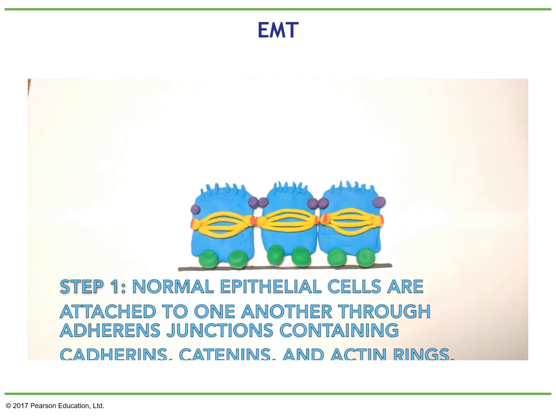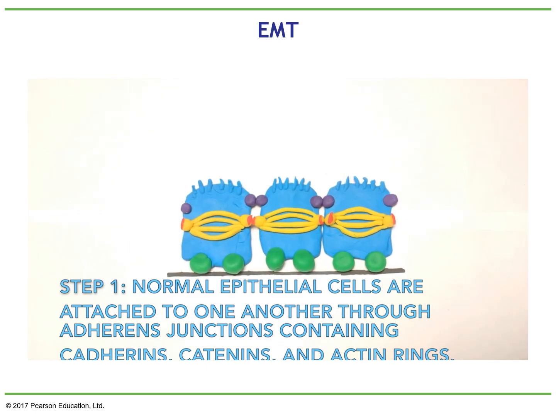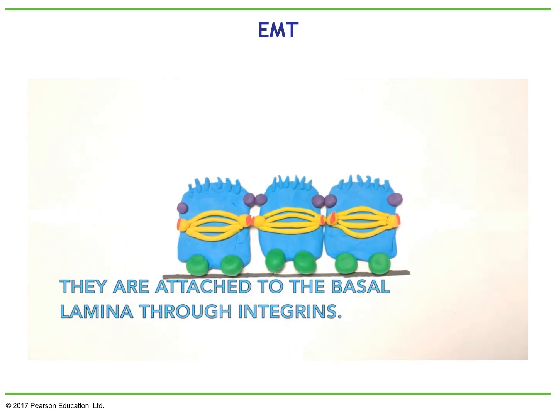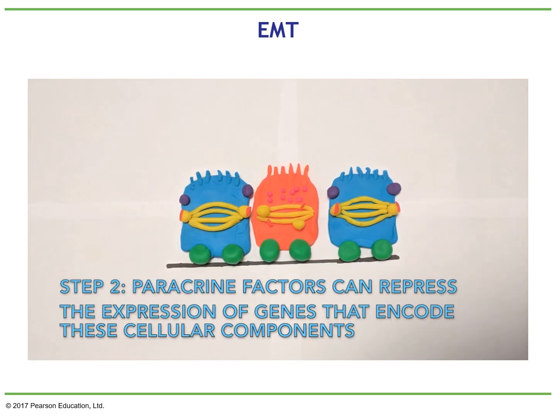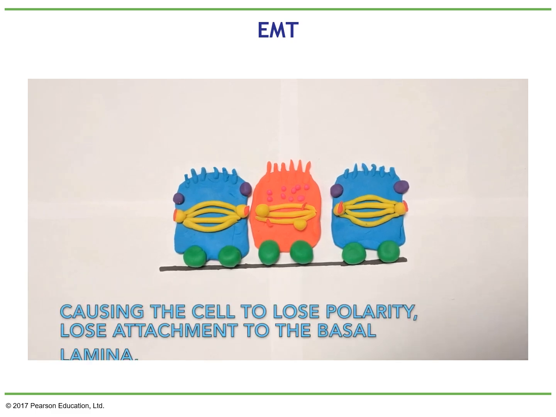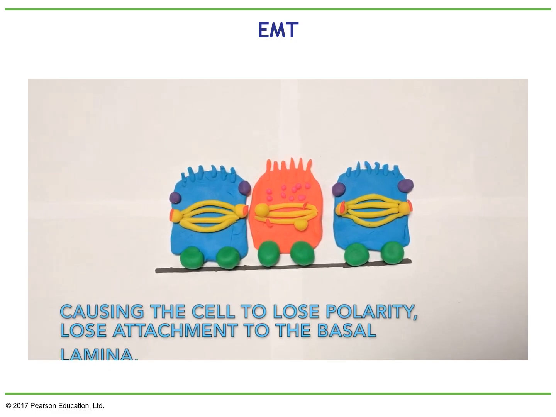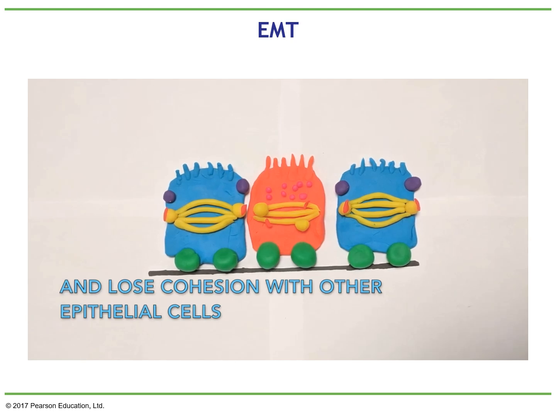In step 1, normal epithelial cells are attached to one another through adherent junctions containing cadherin, catenins, and actin rings. They are attached to the basal lamina through integrins. In step 2, paracrine factors can repress the expression of genes that encode these cellular components, causing the cell to lose polarity, lose attachment to the basal lamina, and lose cohesion with other epithelial cells.